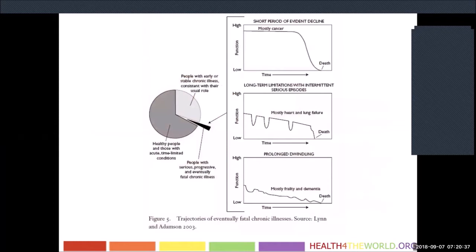Starting with cancer, the one at the top, most of the time if you get diagnosed with cancer, you feel the same way you did before you had cancer. You don't physically feel any different, and you go through and get treatment. You may feel bad with treatment, but you're moving along, and your functional level can stay fairly high.